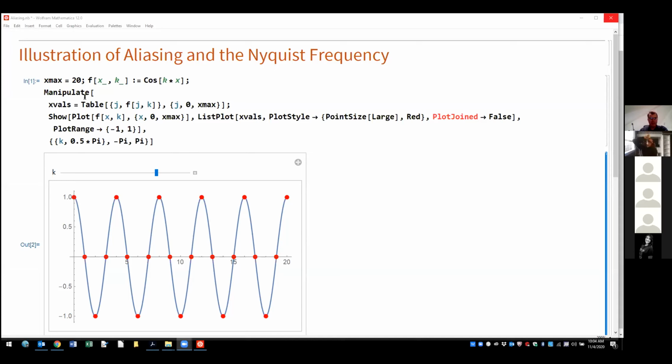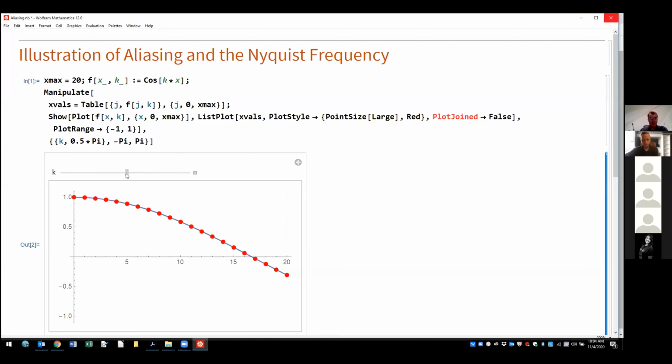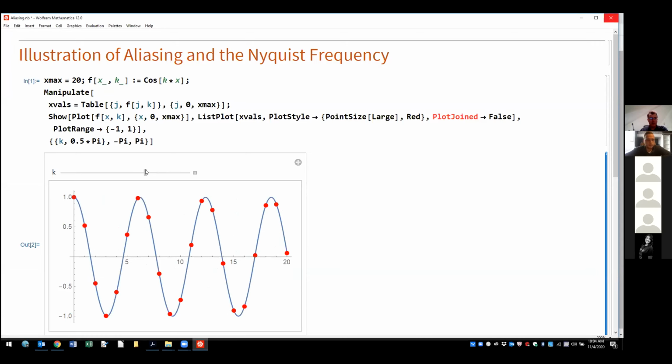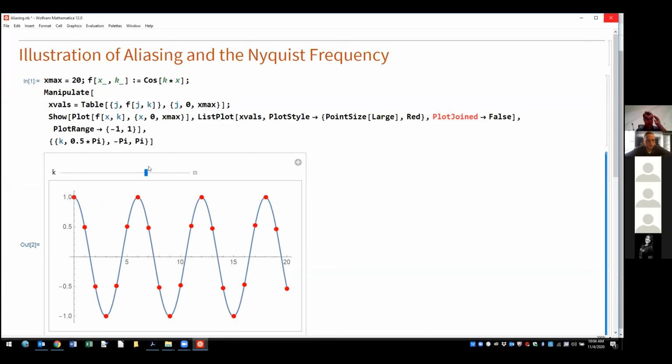So what I've got here is a plot of a sine wave, and then we play with the frequency of the sine wave. We're sampling this sine wave once a second. I could have reversed it and fixed the frequency of the sine wave and varied the sampling, but I just said we're going to sample once a second.